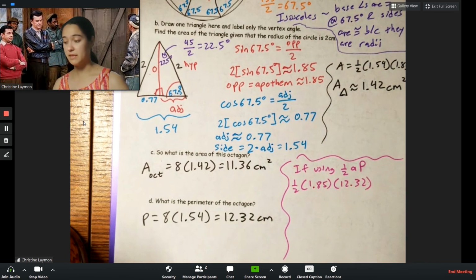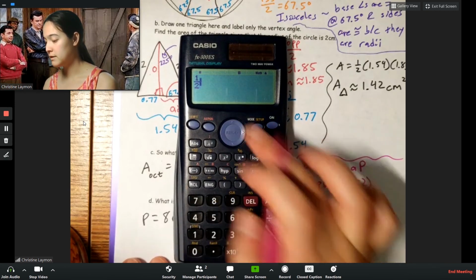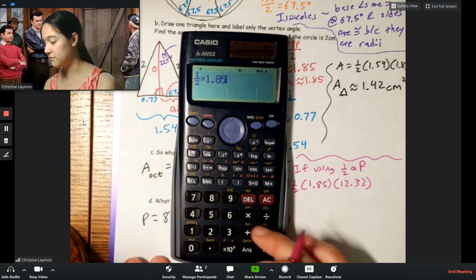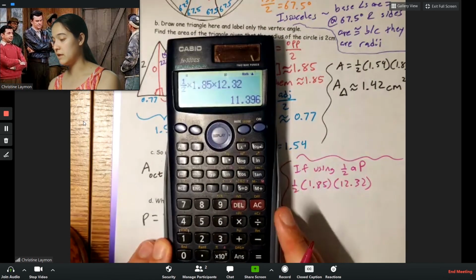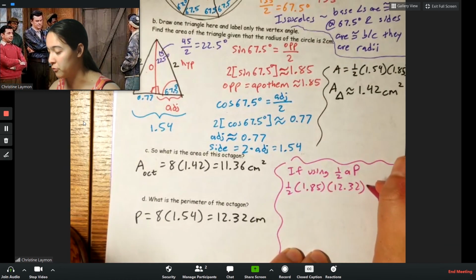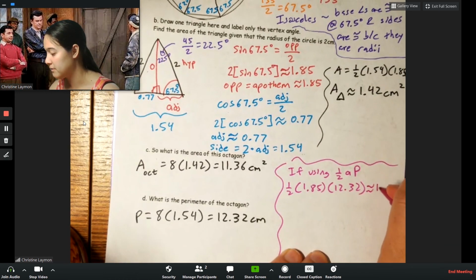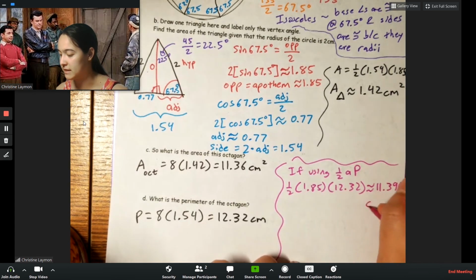So if you did that, let's come back here. 1/2 times 1.85 times 12.32, 11.396. Now do notice this number is slightly different than the other one, and I want to show you why. 11.396. Again, what I had before was 11.36. Again, this is centimeters squared.